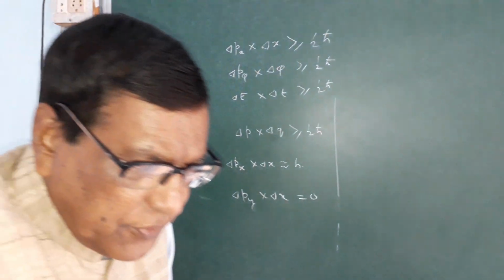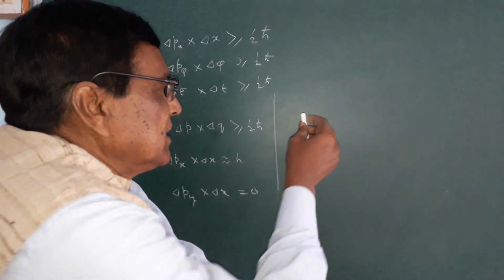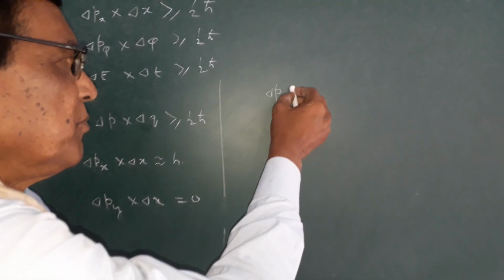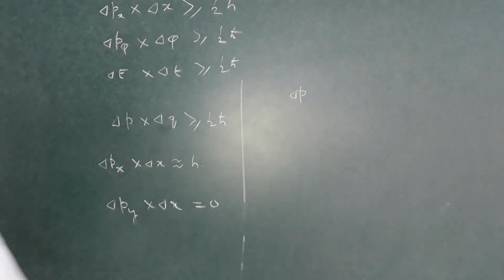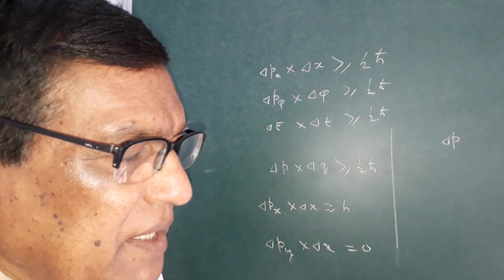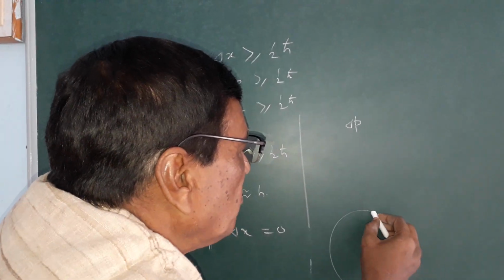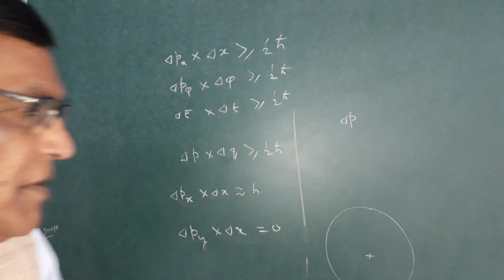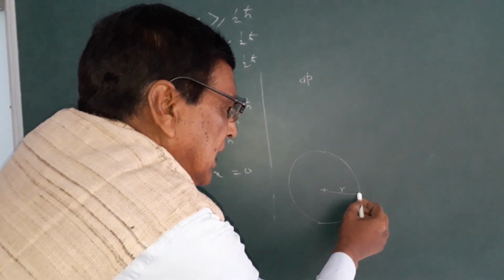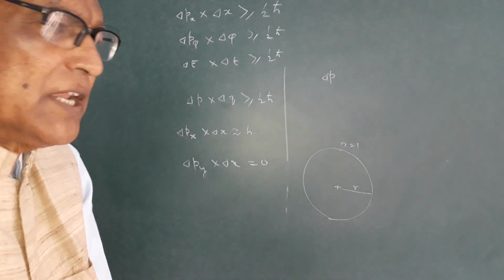And we can show very easily that suppose delta px, you are determining the position, you are determining the momentum of this electron in the first orbit, and this is the nucleus. Electron is moving in a circular orbit in this fashion, and say this is the r. r is definite, suppose n equal to 1, the first orbit of this electron.